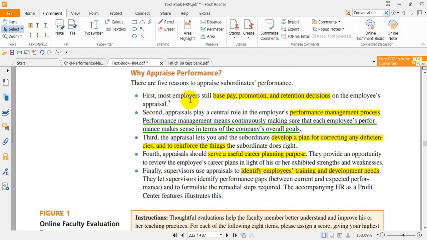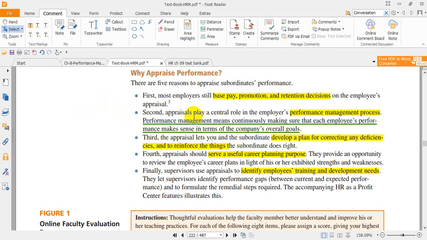First, most employers still base pay, promotion, and retention decisions on the employee's appraisal. So, employees' appraisal is important when taking decisions such as retention, promotion, and pay.